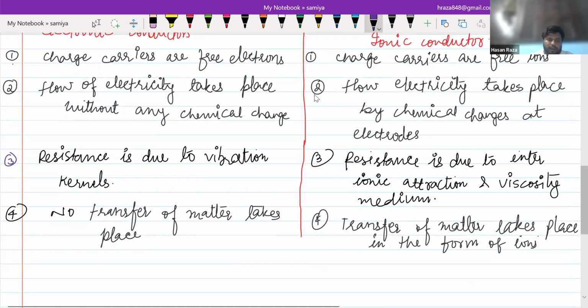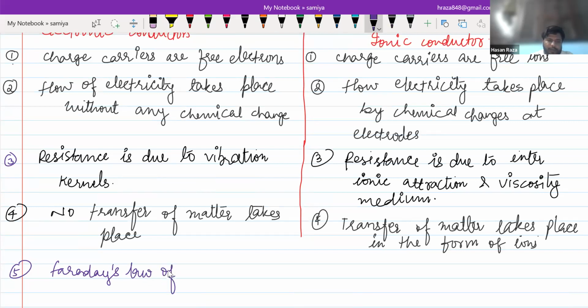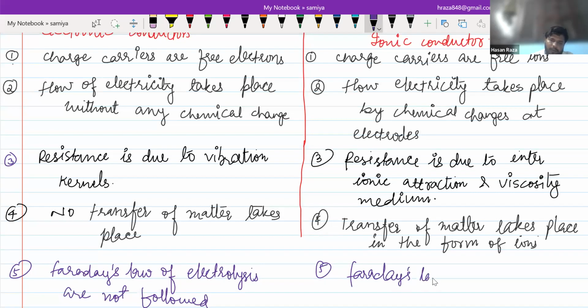Next point, which is very important: Faraday's law of electrolysis are not followed. In the fifth point here, Faraday's law of electrolysis are followed.